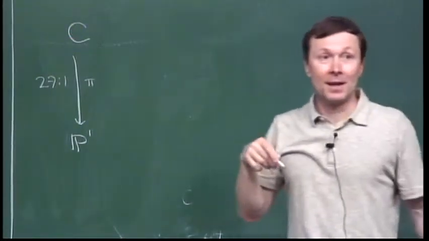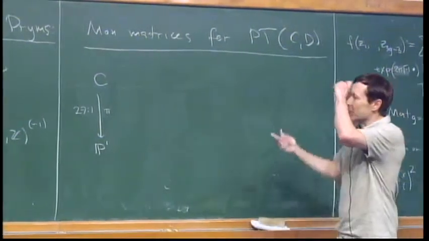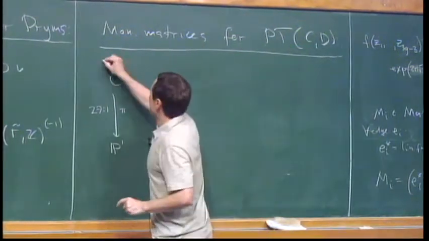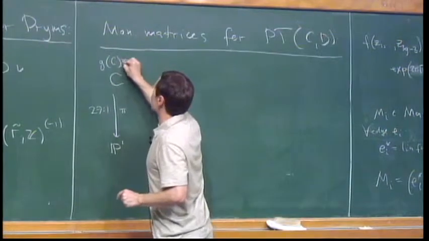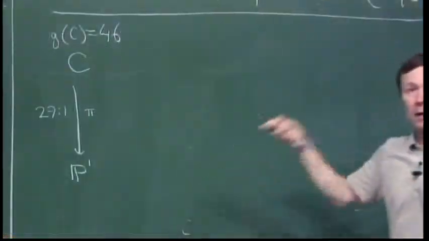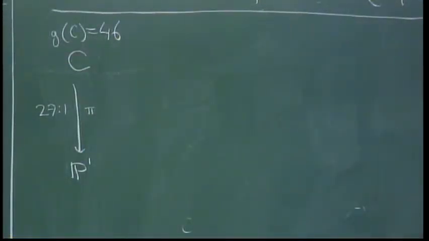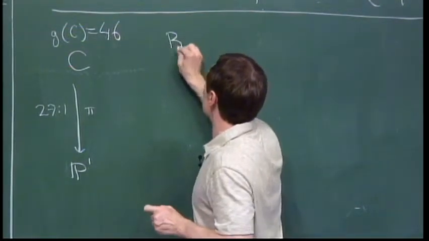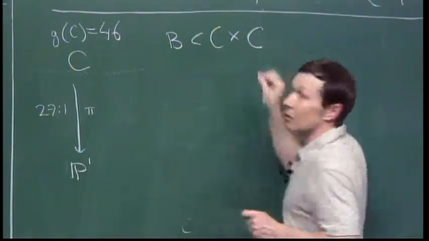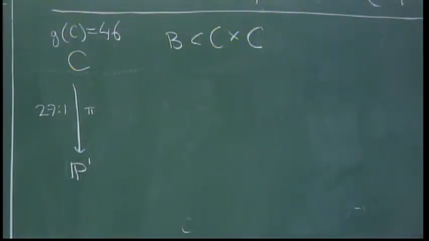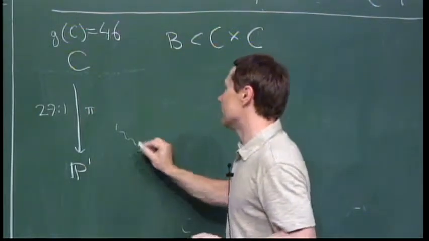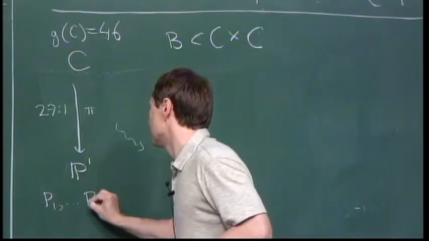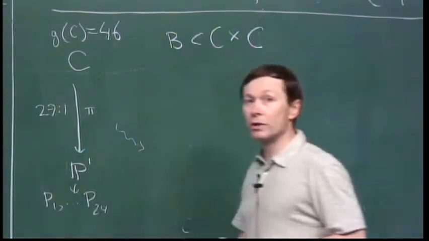And for Prym-Tyurin varieties, what I'm going to do is, we start with this cover. The genus of this curve is 46, pretty high, and there is a map, 27-to-1, and then there is this correspondence in C cross C. And what I'm going to do, downstairs I have this P1 and P24, which are points here.